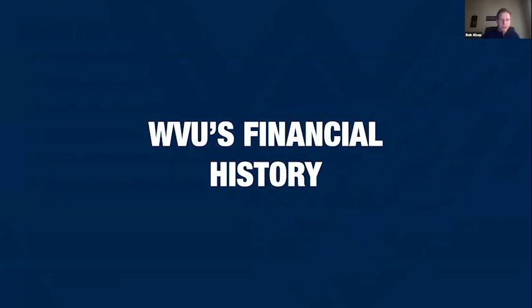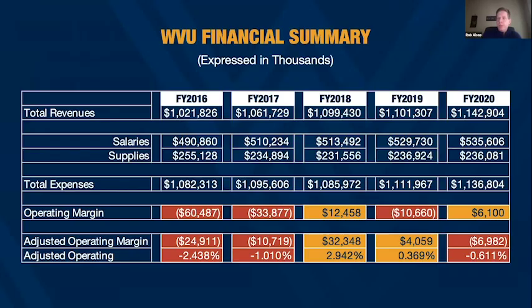So our financial history. We have, for the past several years, worked on incredibly thin margins. If you look at fiscal years 2016 through fiscal year 2020, on a $1 billion budget, you can see total revenues of just around $1 billion, 1.021 billion in 2016, going up to 1.142 billion in 2020, right around that 1 to 1.1 billion.